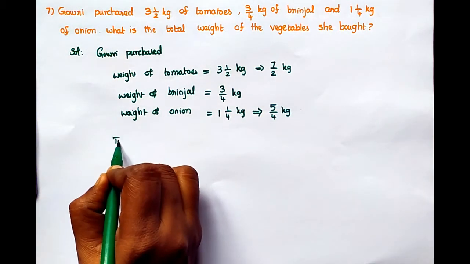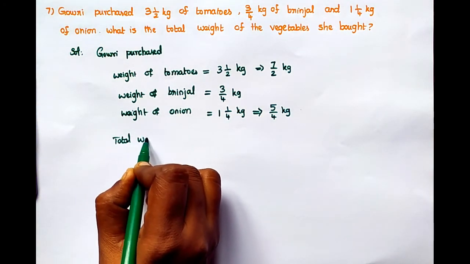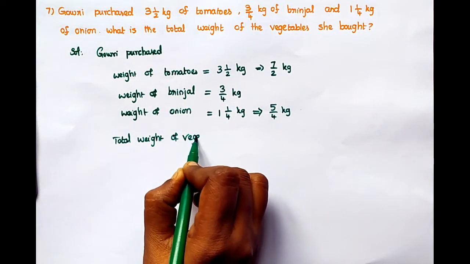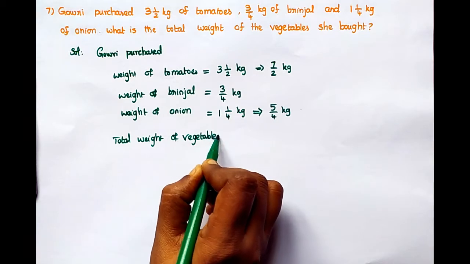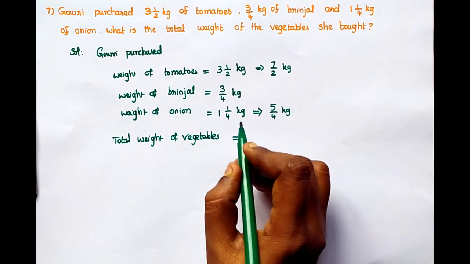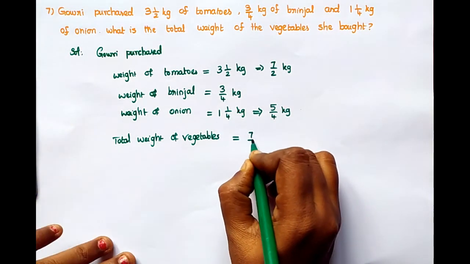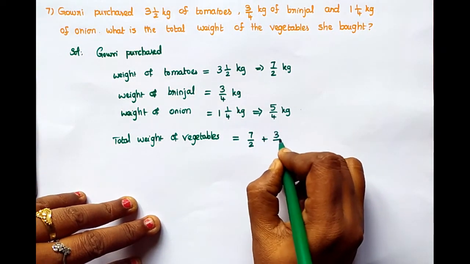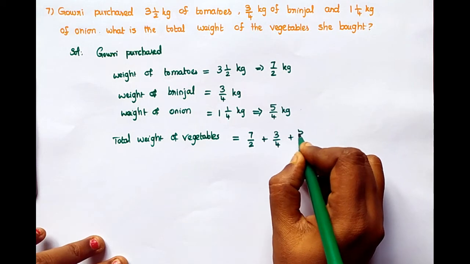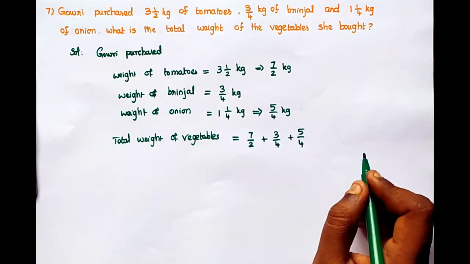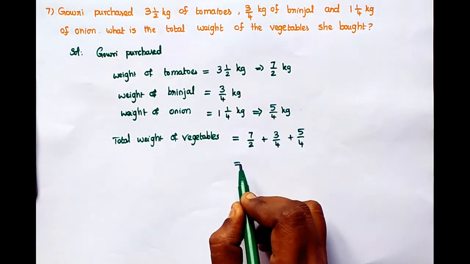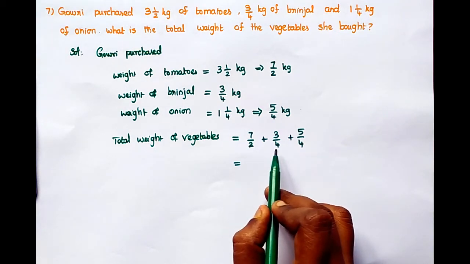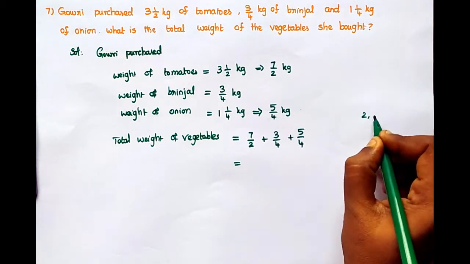Now total weight of vegetables equals 7 by 2 plus 3 by 4 plus 5 by 4. Now take the LCM for these denominators 2, 4 and 4.